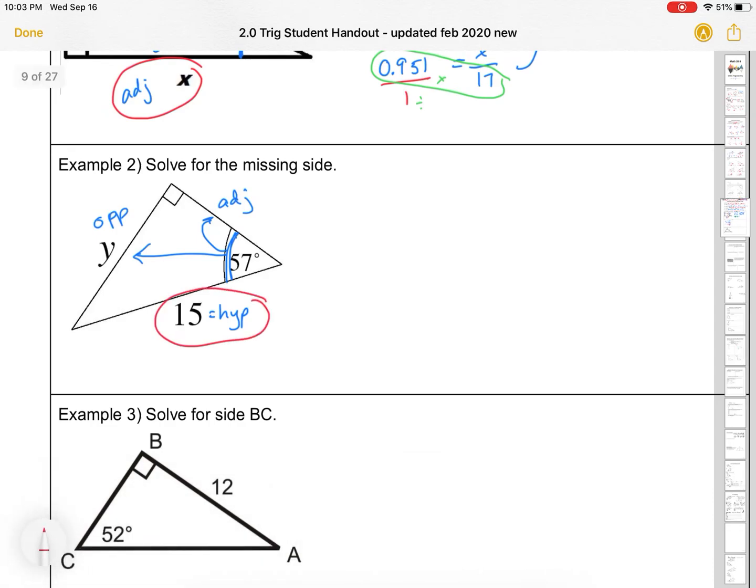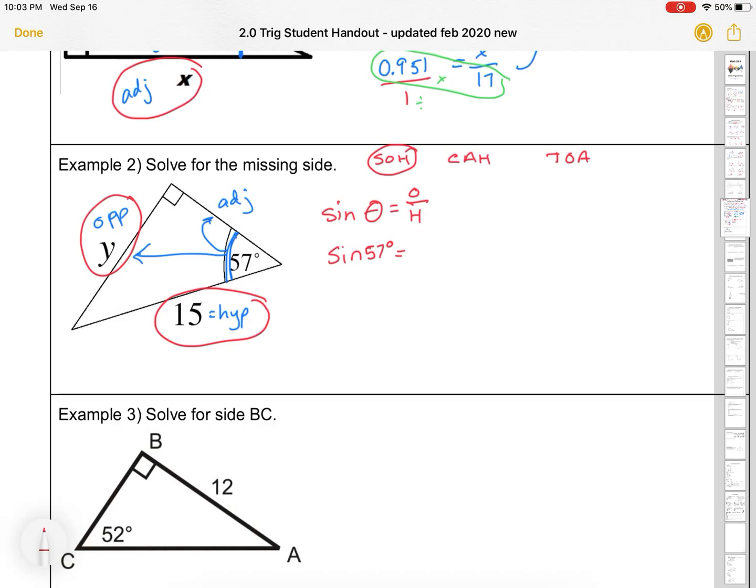So I've labeled. Now I'm going to circle. I have my hypotenuse and I'm looking for my opposite.